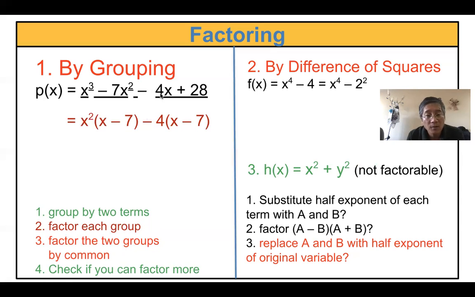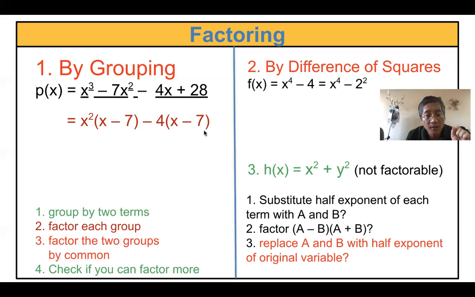So when you take out the negative 4, imagine if you do it backward, when you distribute, it should become plus 28, right? So you should keep that in mind. So negative 4 times x is negative 4x. Negative 4 times what is positive 28? So there will be minus 7.